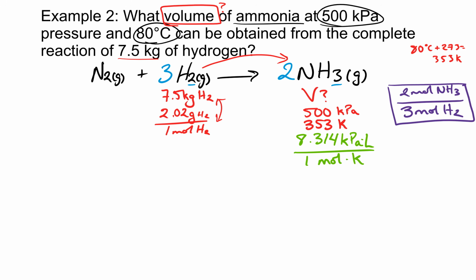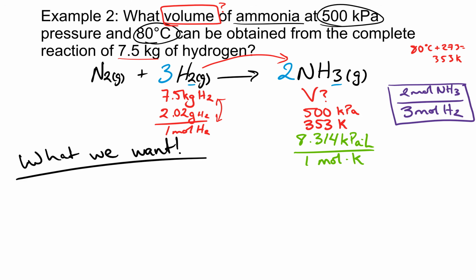The way we always do stoichiometry problems is start with what we want. Let's try that. What do we want in this problem? We want the volume of ammonia. What is the volume in liters of ammonia?